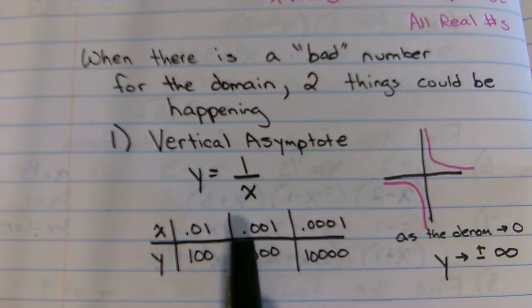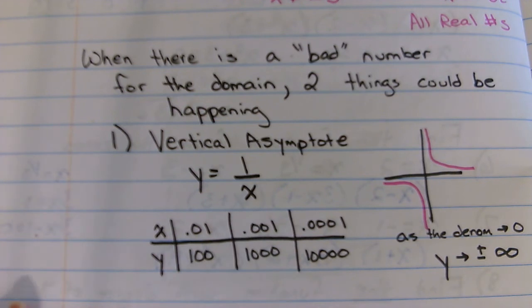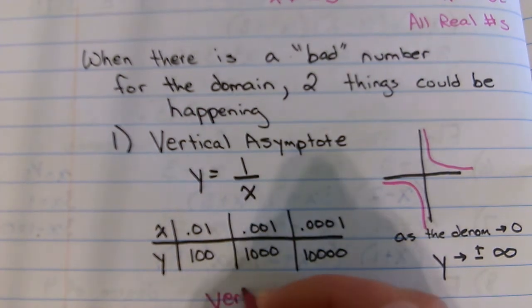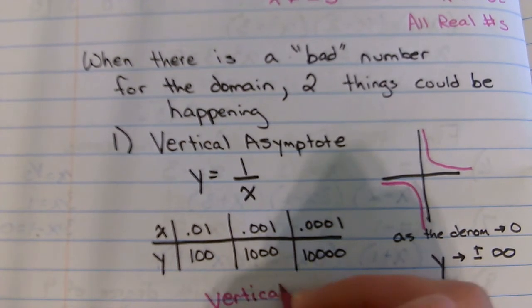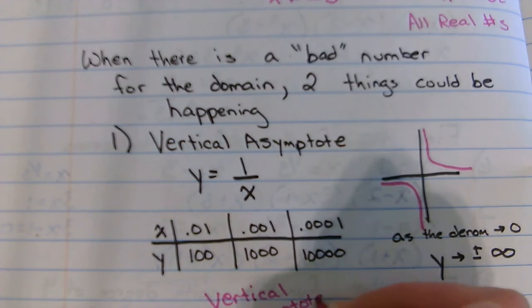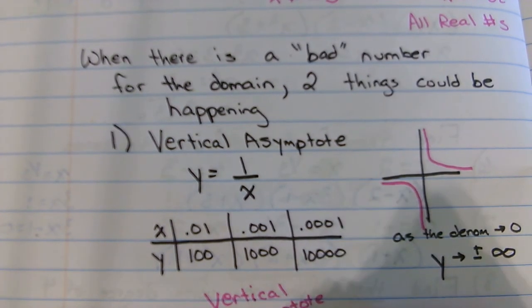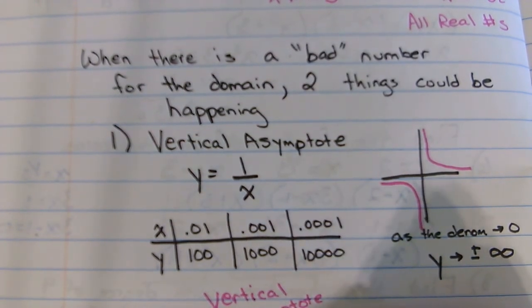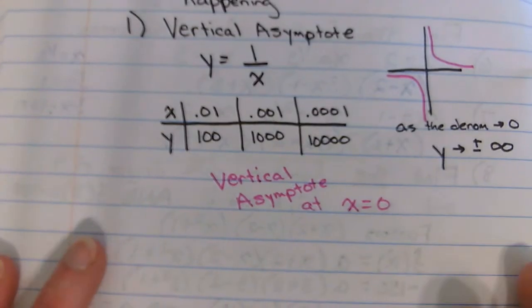And this is considered the parent function for rational functions. And so there is this vertical asymptote at x equals 0. Whoops, you can't see that.